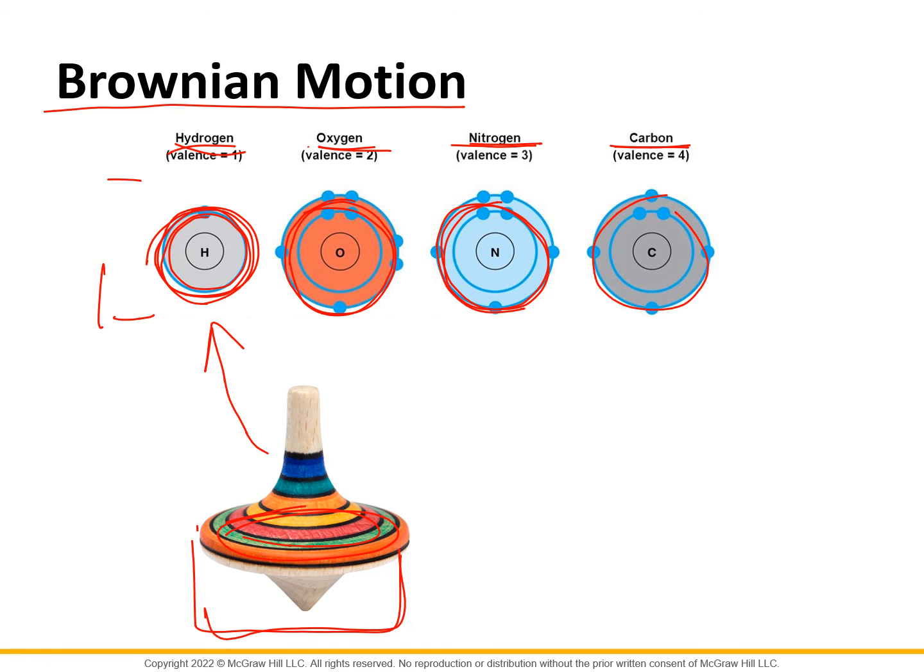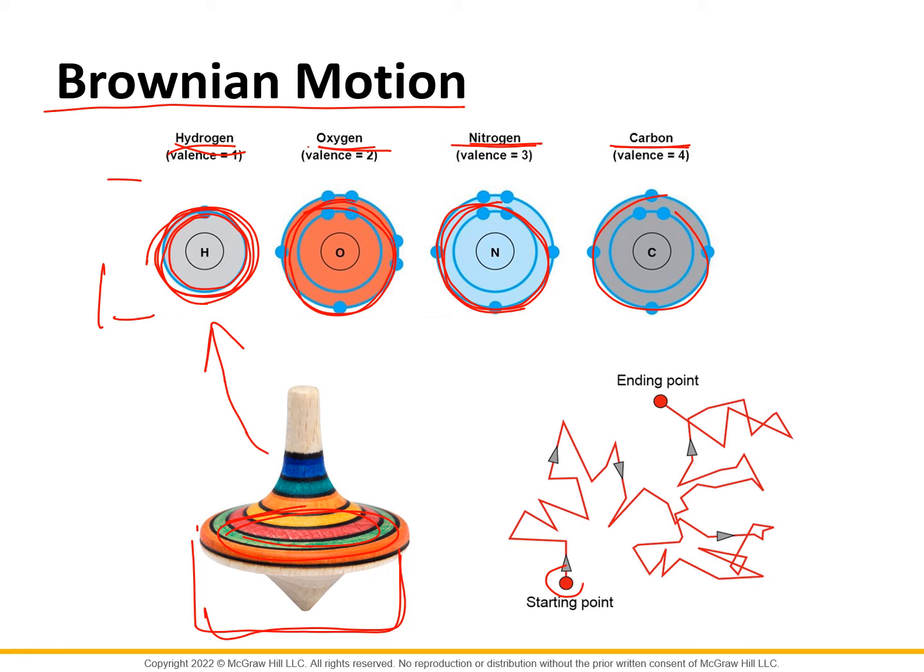So because of this movement of the electrons around the nucleus, every atom has a little bit of inherent motion. And so molecules, because they are made of atoms, they also have inherent motion. So if you were able to look at a molecule in a gas or a liquid, you would see that it kind of randomly moves around. So it randomly moves around kind of like a top would if you had a top out on a table.